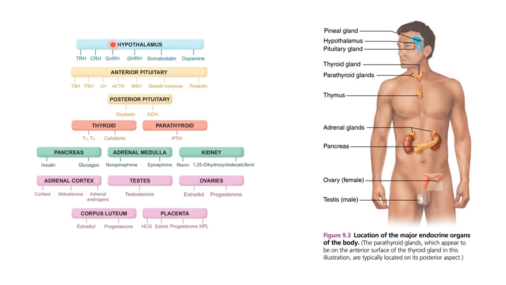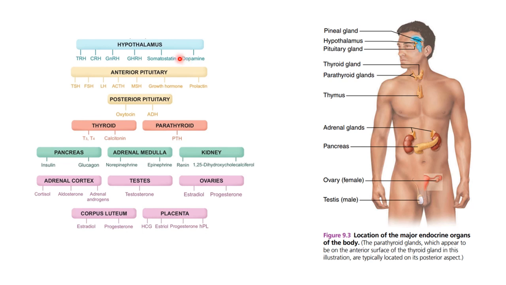The hypothalamus, which is technically a part of the brain, secretes thyrotropin releasing hormone, corticotropin releasing hormone, gonadotropin releasing hormone, growth hormone releasing hormone, somatostatin, and dopamine.